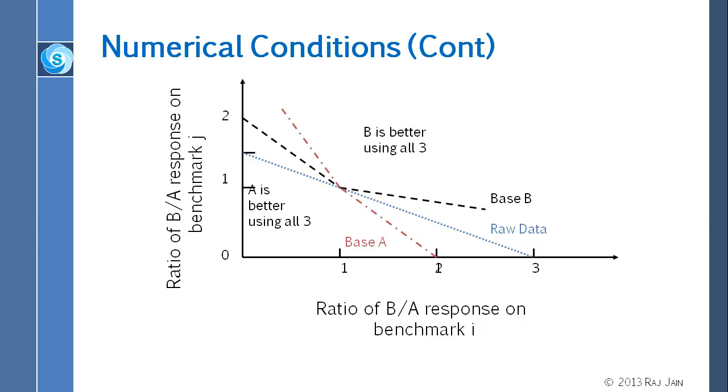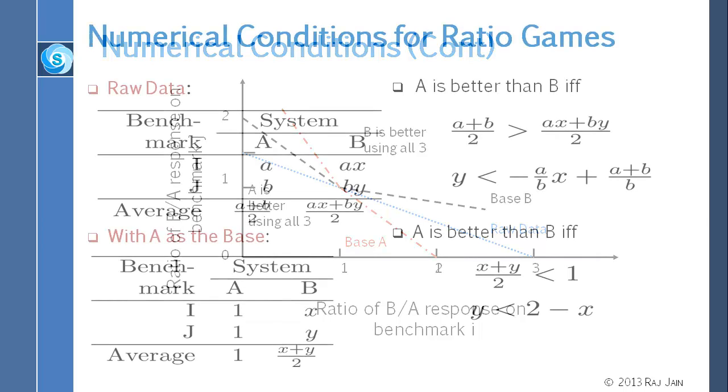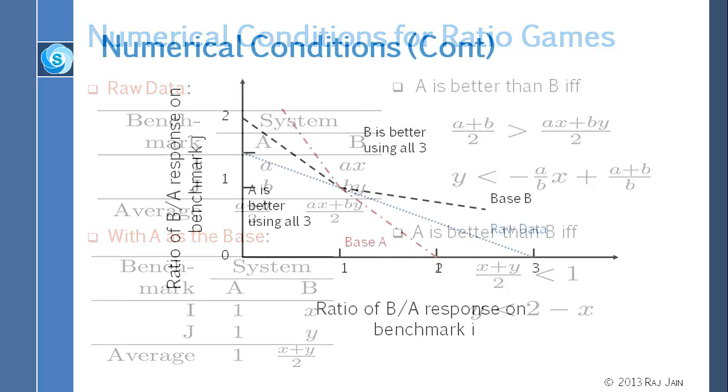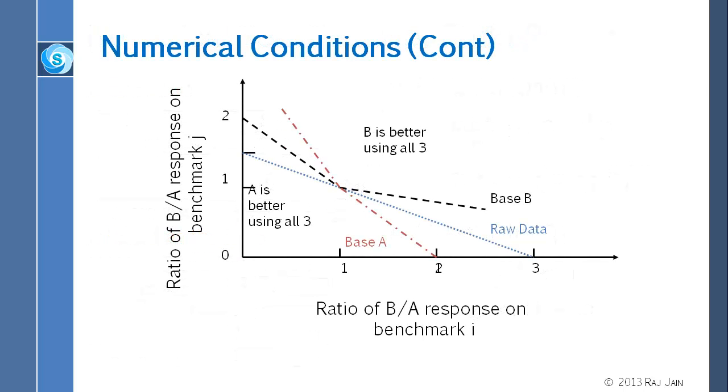You draw all those 3 conditions that we have drawn here, AX plus B greater than this one, so this gives you one line, and then that line becomes y less than this. A is better, and that becomes this line, y is less than 2 minus x. So y is less than 2 minus x is this line. And so you draw these 3 lines, and then you can see that there are some zones where there is a contradiction, and there is no contradiction here.